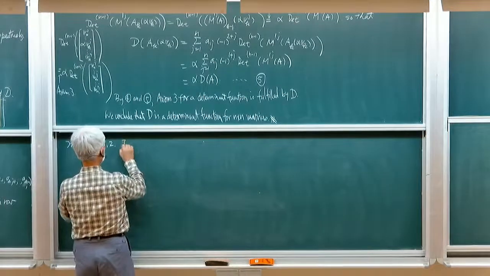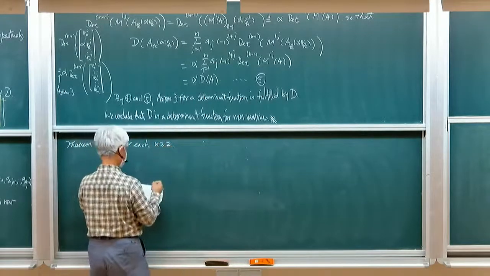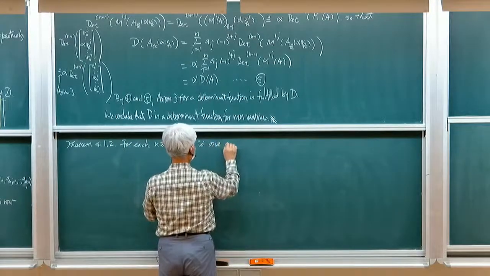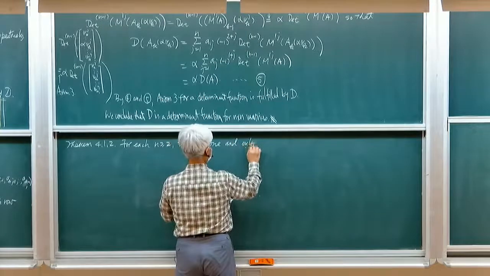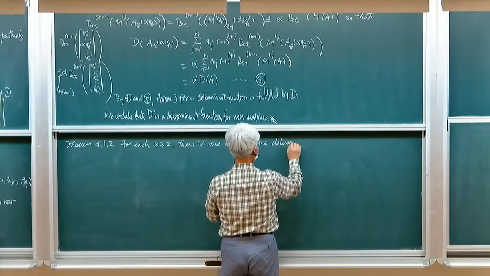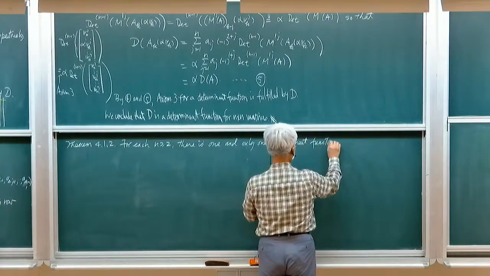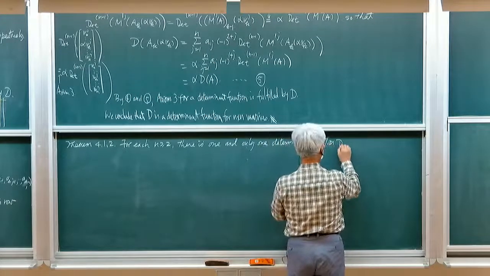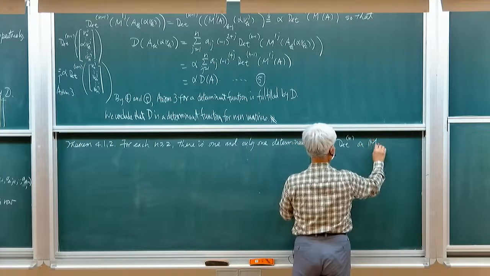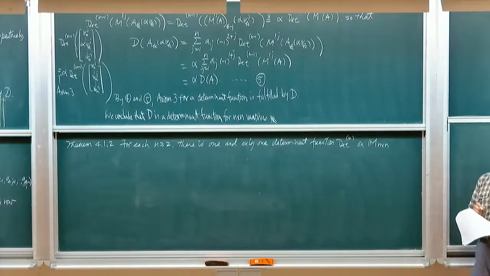Okay, so for each n greater than or equal to 2, there is one and only one determinant function on the space of all n times n matrices.